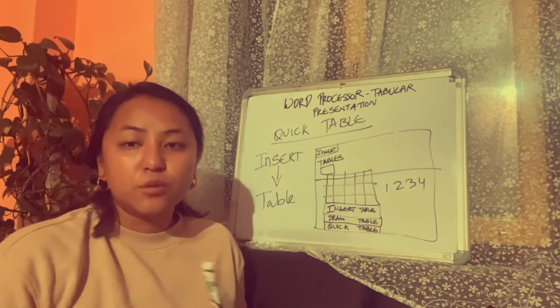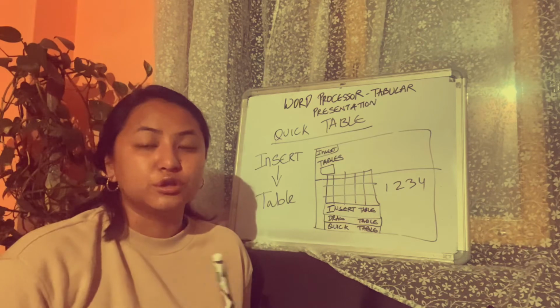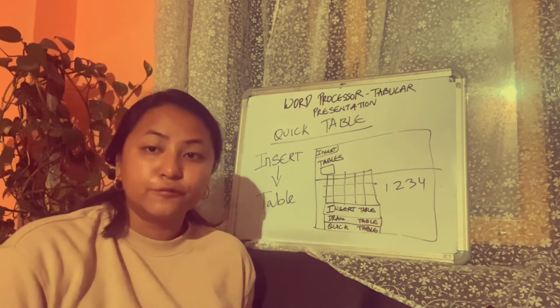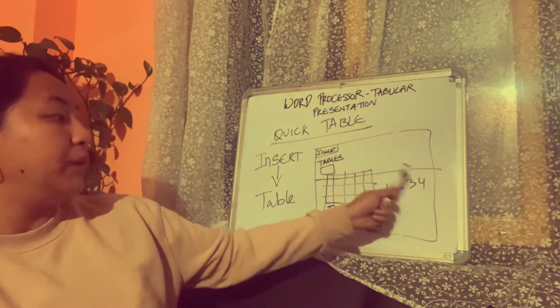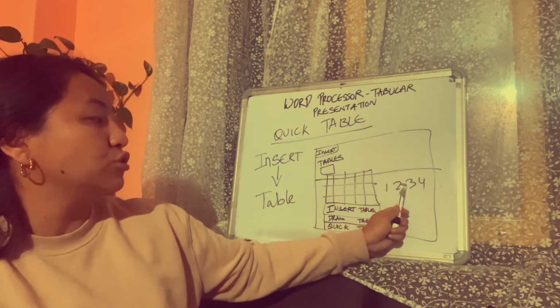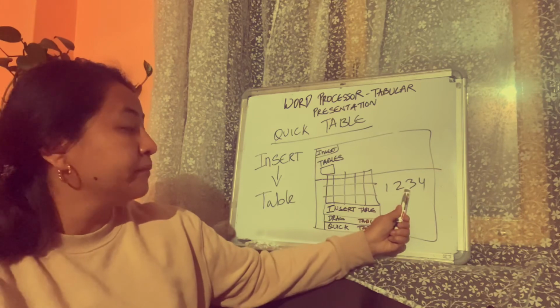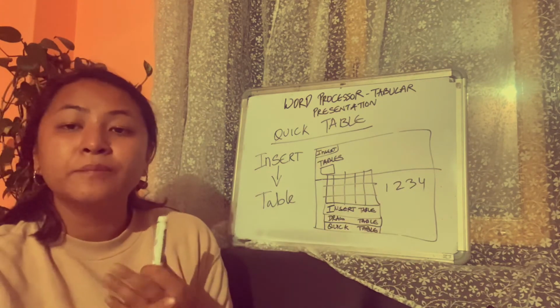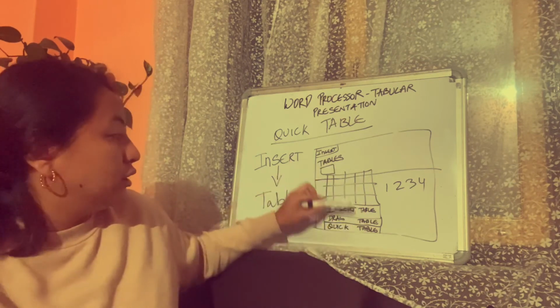The last option we have is the quick table option. Before going to the insert option, first you go to your page and click where you want to put the table. Then you follow the same procedure. Go to insert table, then this box will appear.